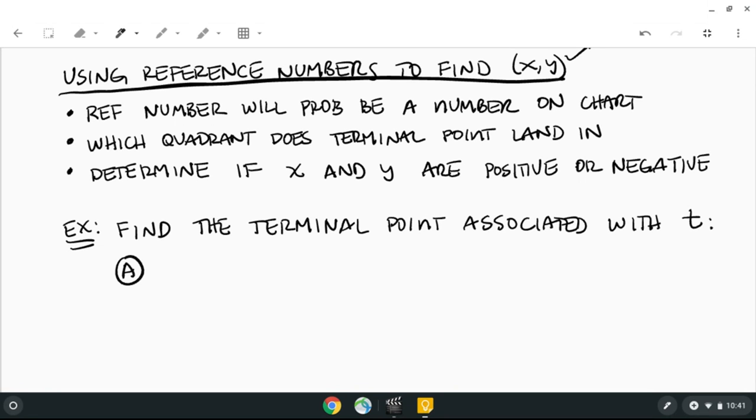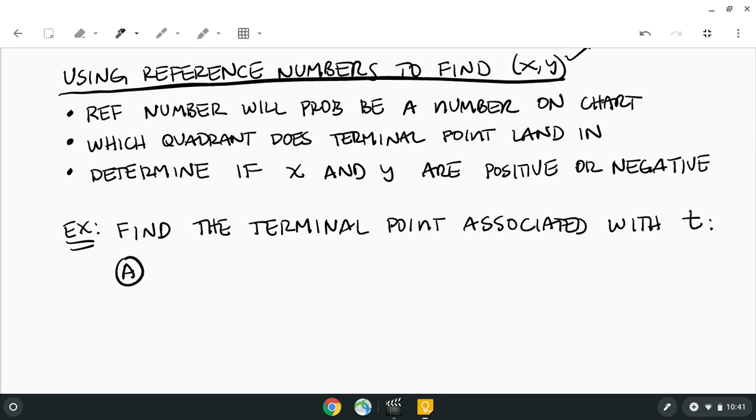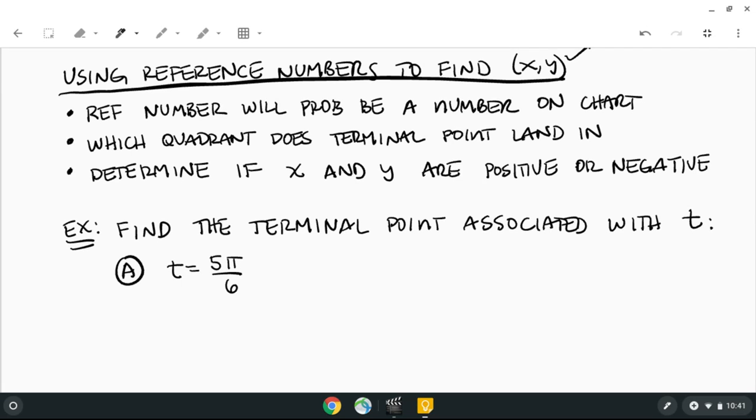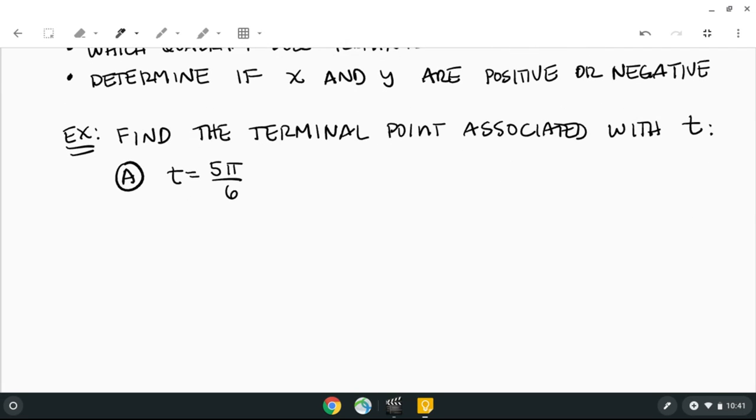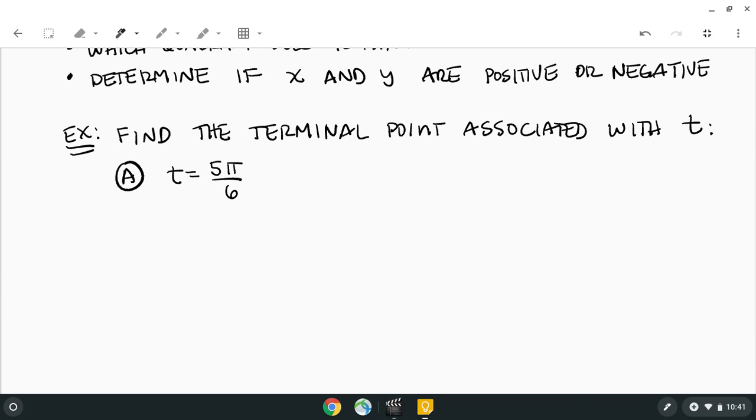Suppose that we have T equals 5 pi over 6. If you need to do your drawing to get a visual of it, then go ahead and do so.